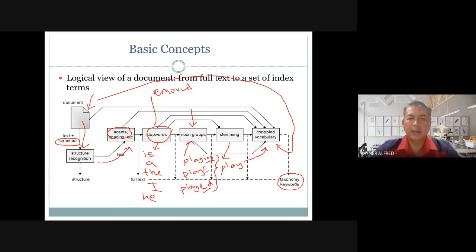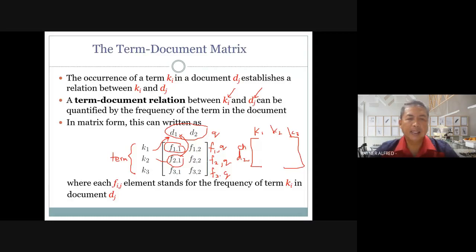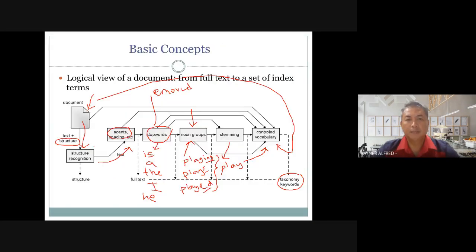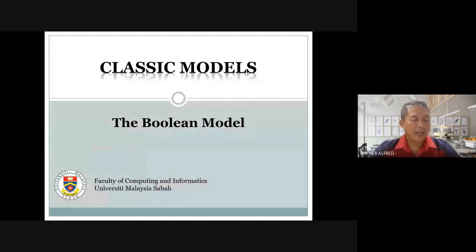When I go back here, basically all the index terms that we have are the controlled vocabulary. These are already pre-processed. So this is the controlled vocabulary. Any questions?